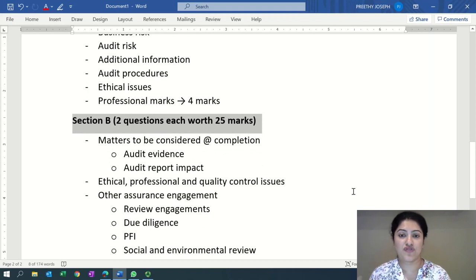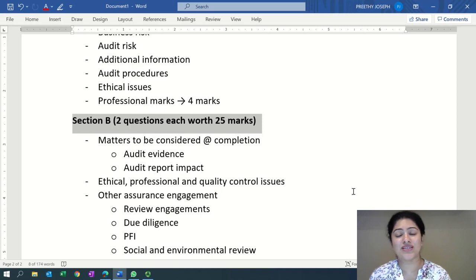Each question should get 45 minutes. So let's say you start with question 3, you take 45 minutes, stop. Wherever you have reached, just stop, move on to question 2, take 45 minutes, stop. If you still have lots to finish, leave space, and move straight to question 1.